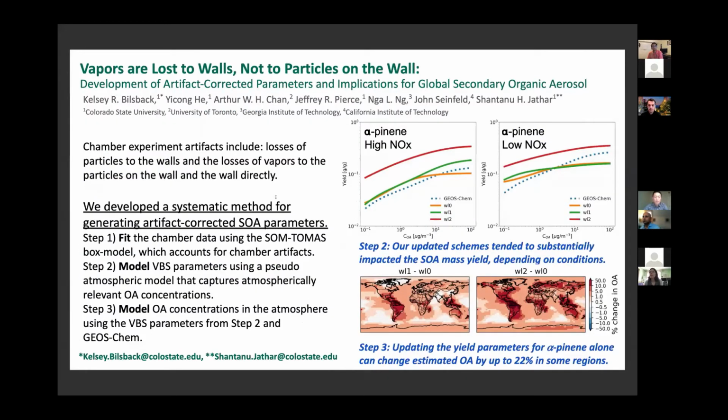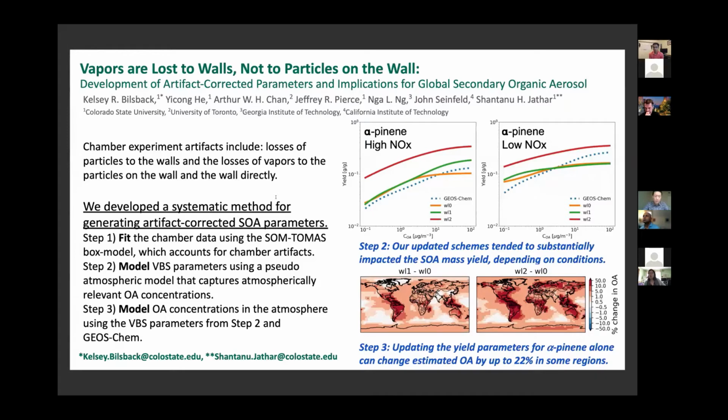Hi, I'm Kelsey. I'm a postdoc at Colorado State University. Recently, we've been looking at the effects of chamber experiment artifacts on OA concentrations in chemical transport models. So we basically come up with this systematic way to correct for chamber artifacts that includes fitting chamber data with the Sohm-Thomas box model, then running a pseudo-atmospheric model to fit the VBS parameters at atmospherically relevant OA concentrations, and then we update the VBS parameters in GEOS-Chem.